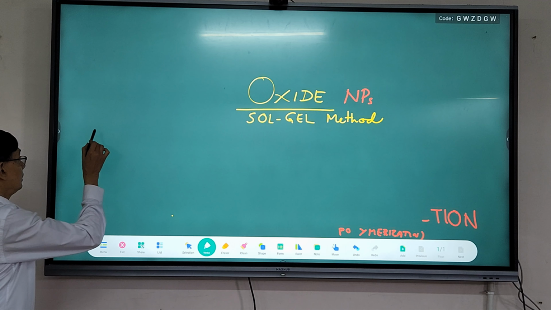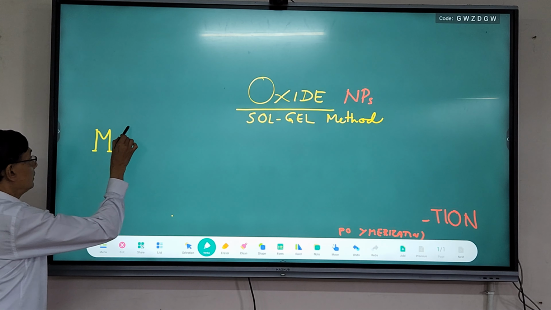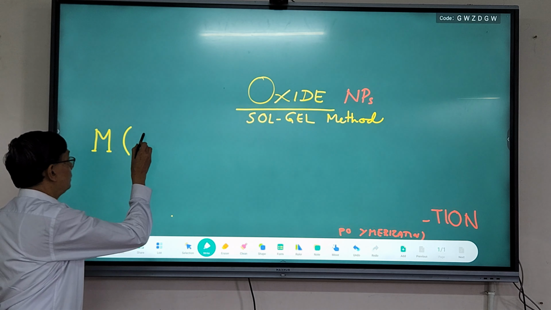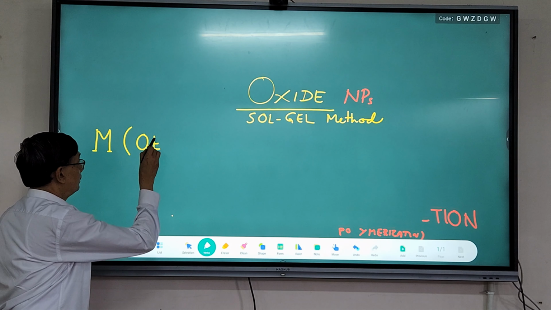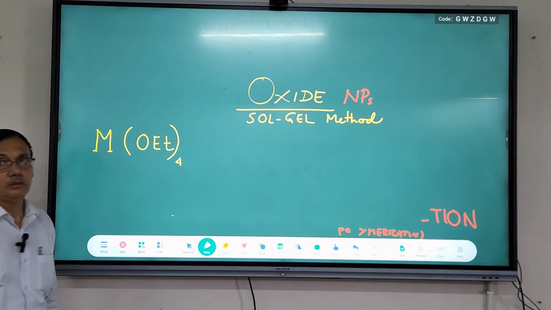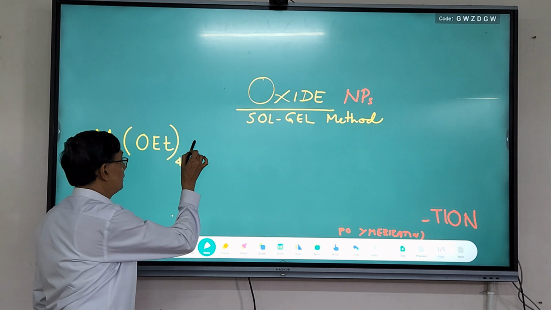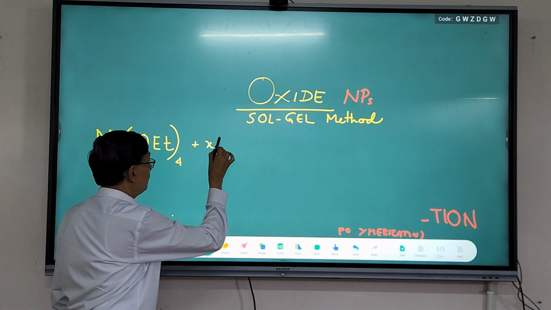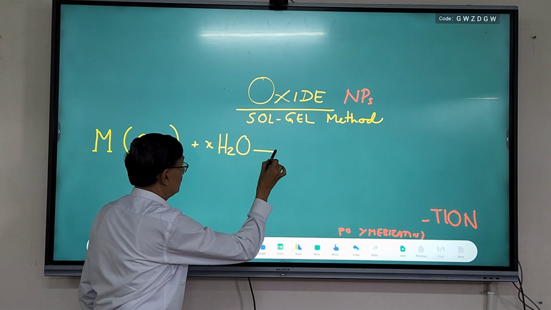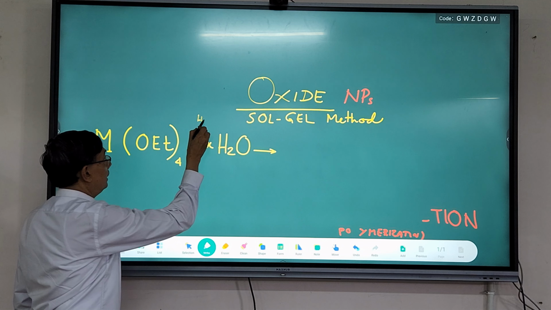So I am taking one metal alkoxide. It can be metal ethoxide or methoxide, okay. So it is the metal alkoxide hydrolysis process. Suppose the reagent for hydrolysis is water. You know that hydrolysis means H and OH.